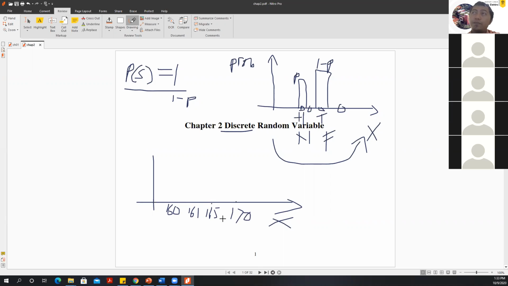After you make an experiment, you realize from the data there are 20 students, and there are 30 students, let's say 50 students, and maybe 25 students.